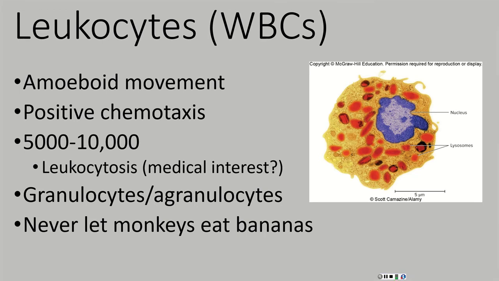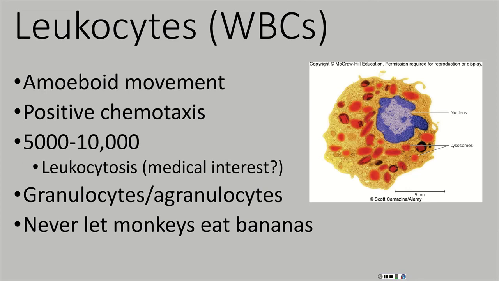Now, when we look at these under a microscope, they will look very, very different. There's several different types, and there's two real big categories. Some of them are going to have what looks like polka dots in their cytoplasm, and some of them won't. Well, those polka dots are called granules. And granules are really vesicles filled with different enzymes, different proteins.